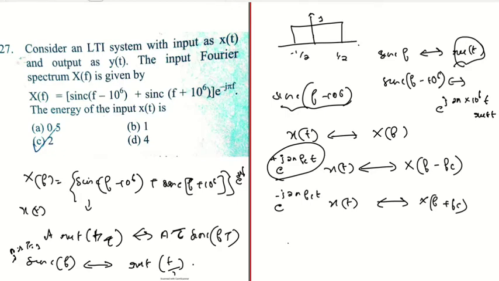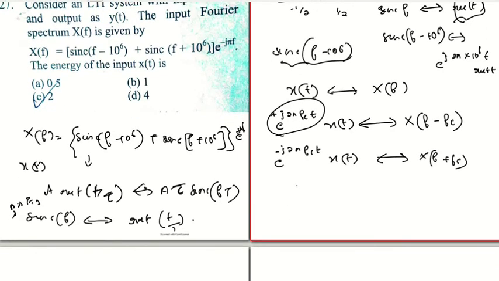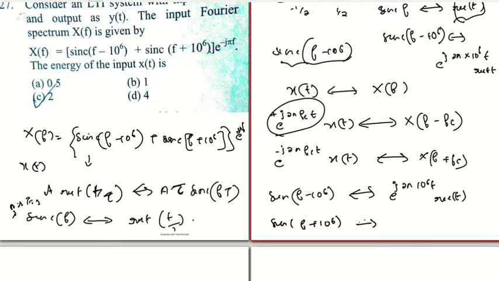Got it? So sinc(f − 10^6) comes from e^(j2π·10^6 t) times rect(t). And sinc(f + 10^6) will be e^(−j2π·10^6 t) times rect(t).